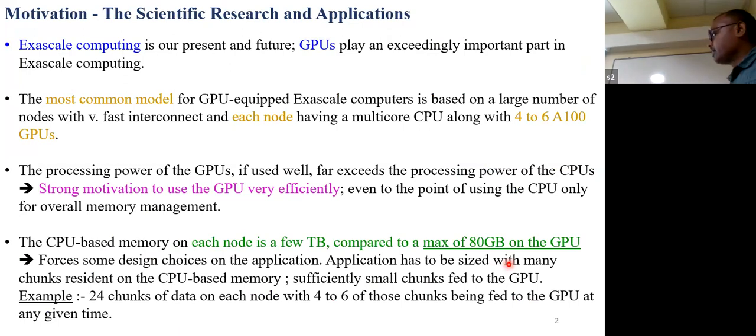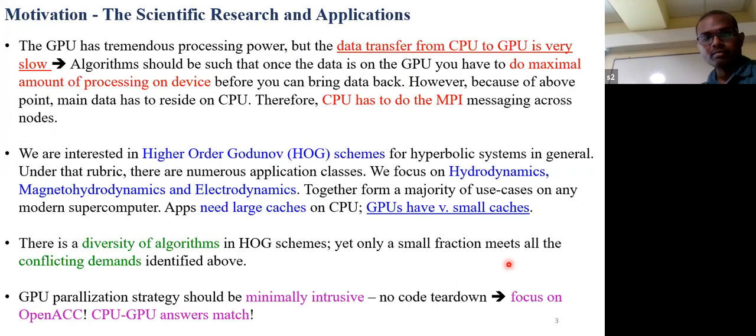The 80 GB on the GPU may look big, but when we parallelize our code on about 5,000 cores, or thousands of cores, each of the variables which are private to the core or the process will be replicated 5,000 times, as many times as the number of cores we use. Because of this, the 80 GB of RAM is a severe limitation on the GPUs. So this is the second limitation.